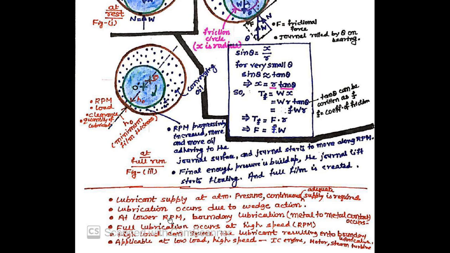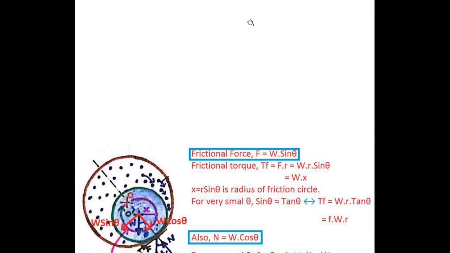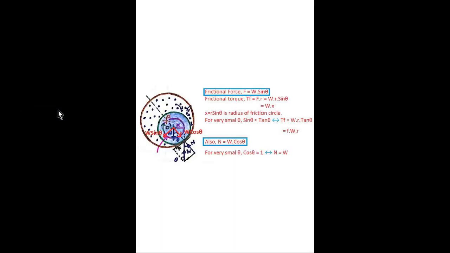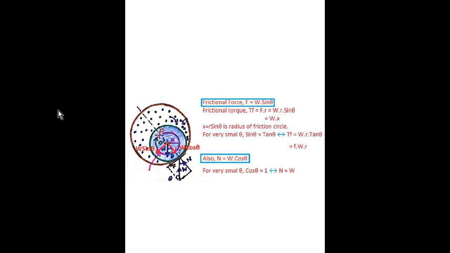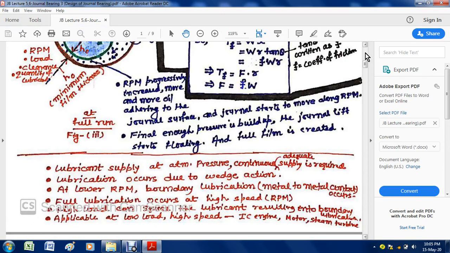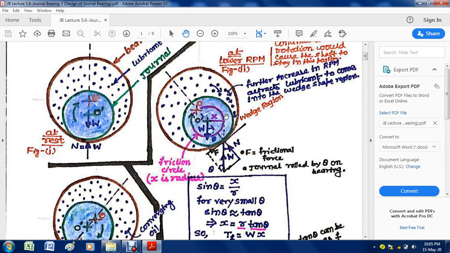At lower speed of the journal, at lower RPM, boundary lubrication, means metal to metal contact, occurs. If RPM is lower, then metal to metal contact occurs.